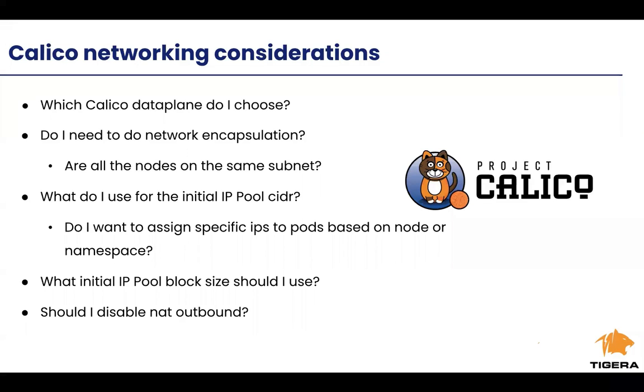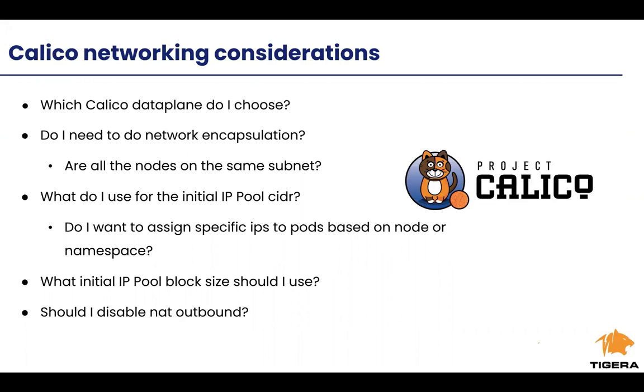As you launch a workload into your cluster, the pods come up and they get an IP address. By default, they're going to get an IP address out of the default IP pool. But you can create more IP pools, and you can do things like assign them to namespaces. You could say workloads in this namespace get IPs out of this particular IP pool.